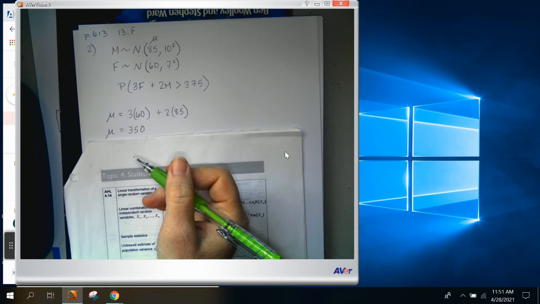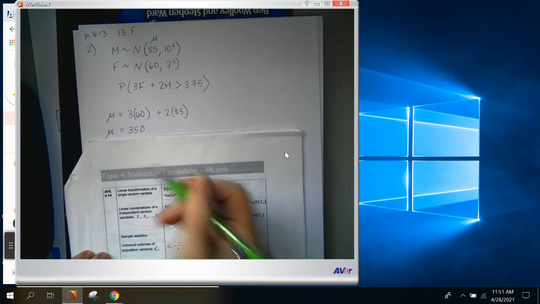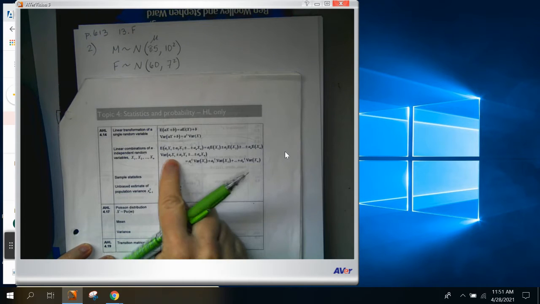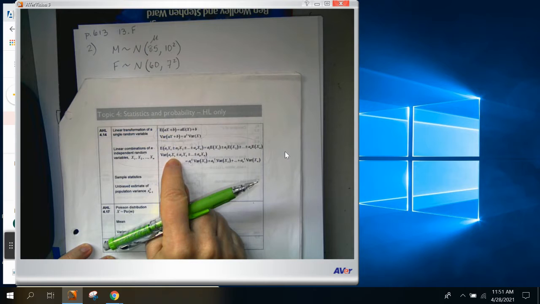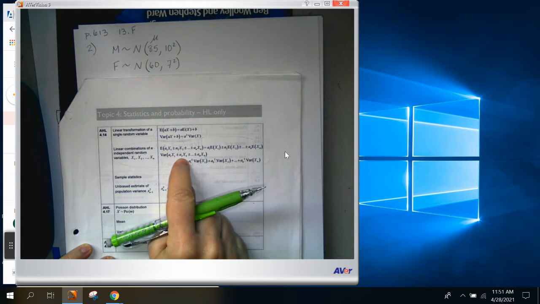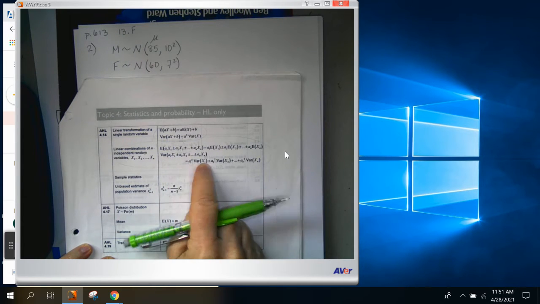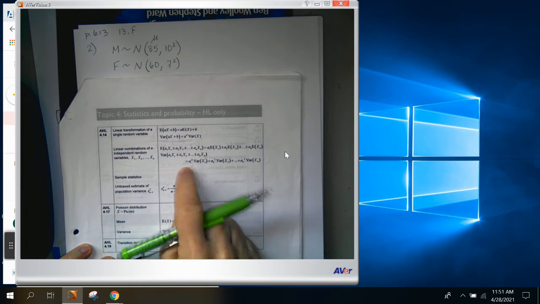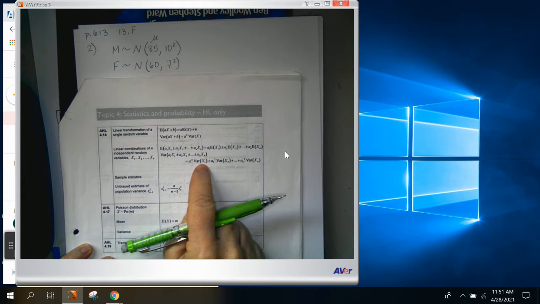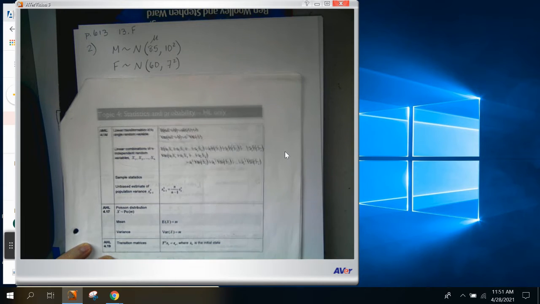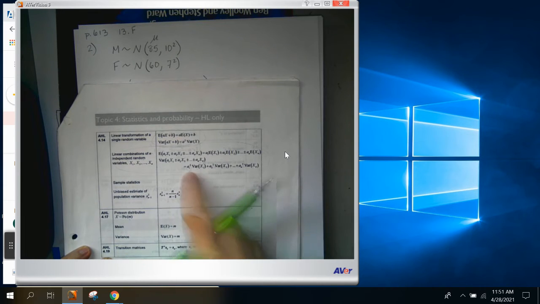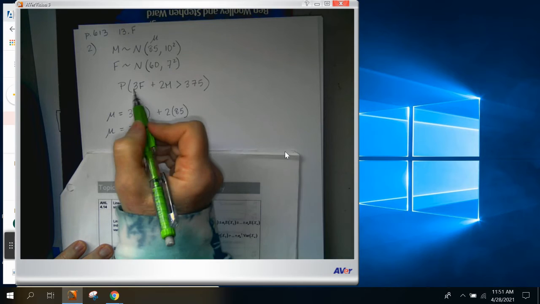And then I need to find my new standard deviation. My formula tells me that with variance, I can take the multiplier times the variance plus the multiplier times the variance. But notice how it simplifies down here. It's the multiplier squared times the variance plus the multiplier squared times the variance. So that's what I'm going to do. I'm going to do this part right here. So my multiplier is 3.